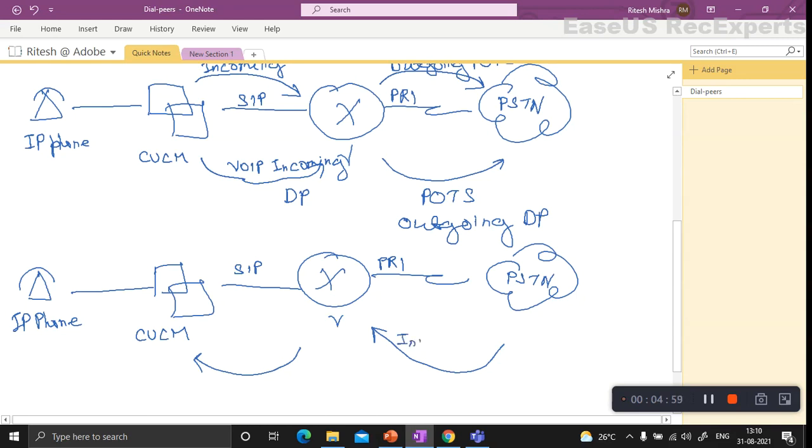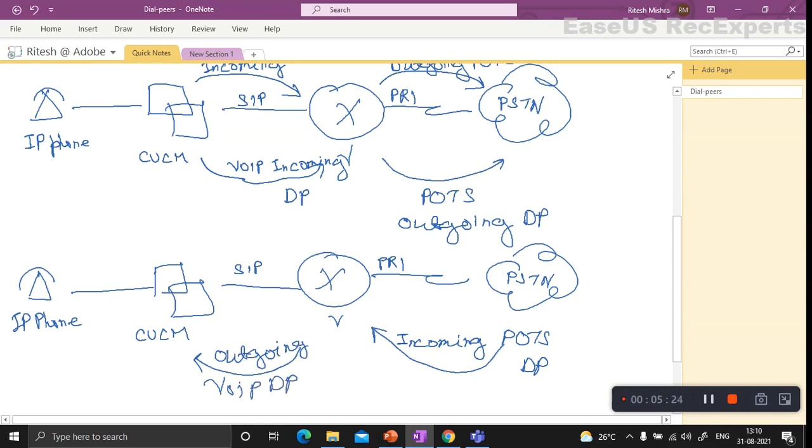We will need an incoming POTS dial pair. And as the call is going towards the call manager, we will need an outgoing VoIP dial pair. Outgoing VoIP dial pair.